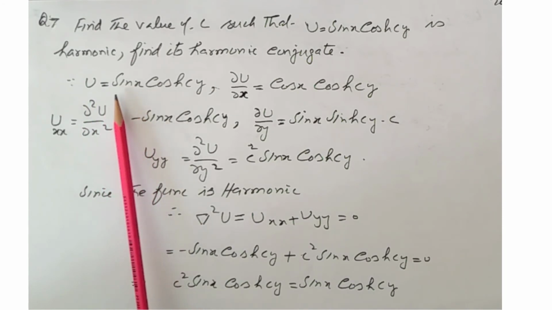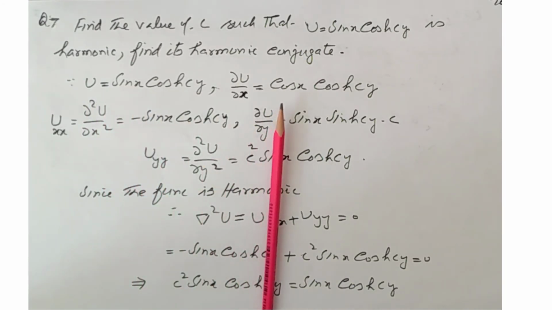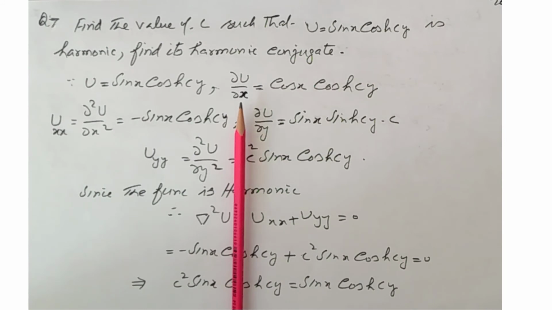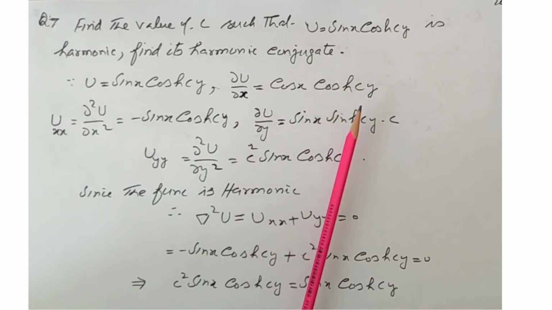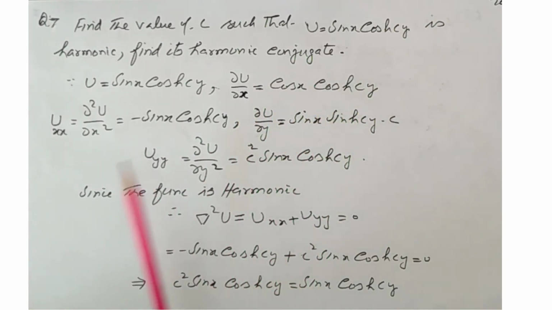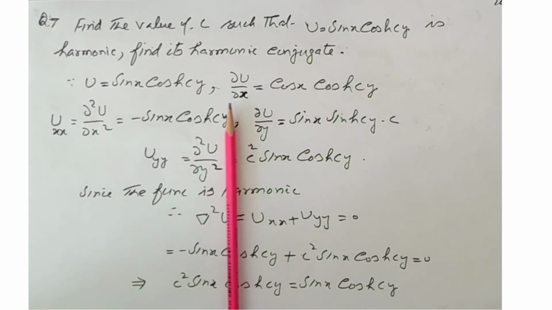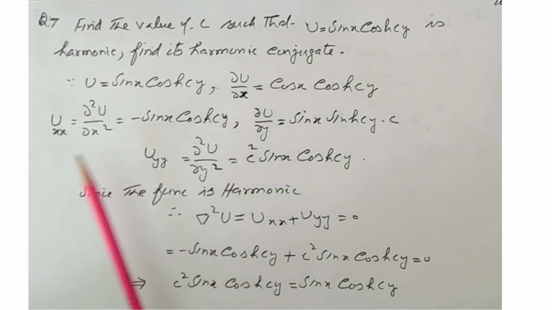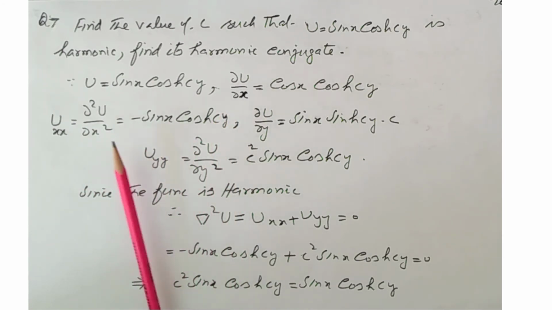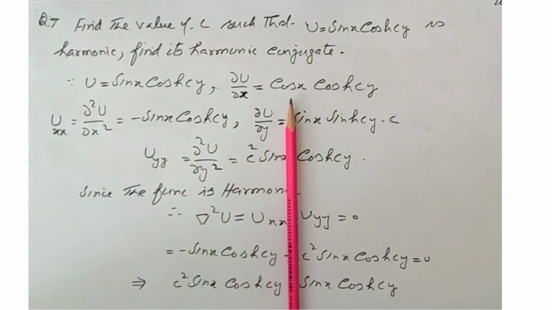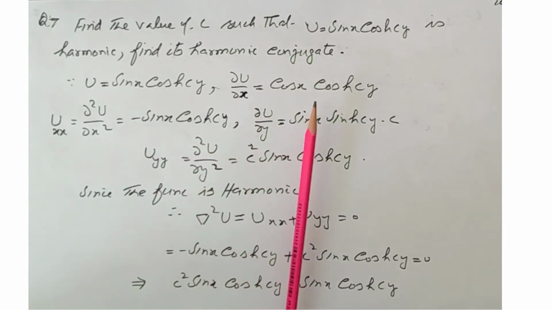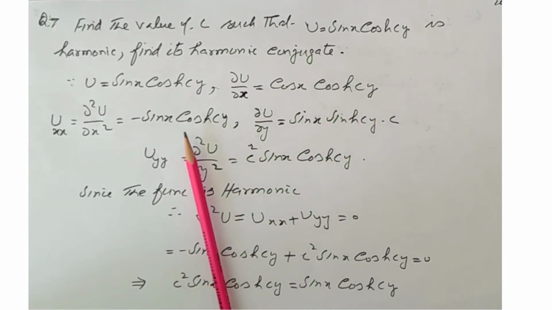The derivative of sin x is cos x, and this becomes partial u over partial x equal to cos x cos hyperbolic cy. Again we take the second derivative, differentiating with respect to x, so u double x equals partial square u over partial x square. The derivative of cos x is minus sin x, and cos hyperbolic cy is a constant term.